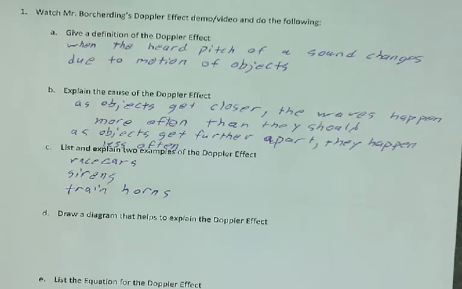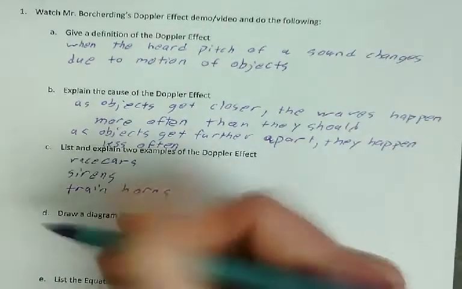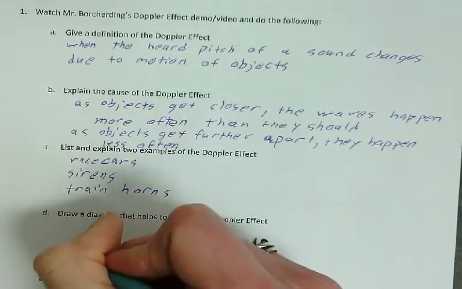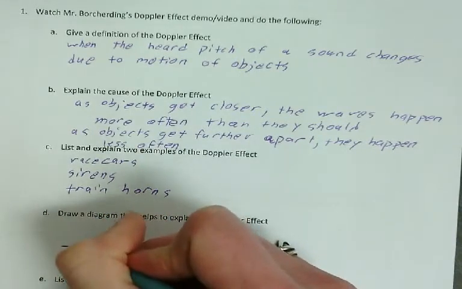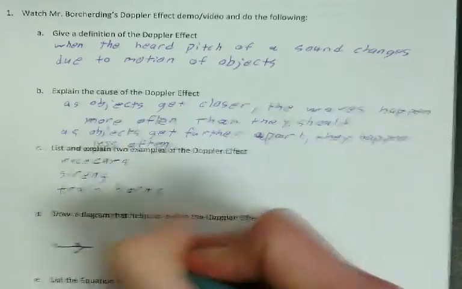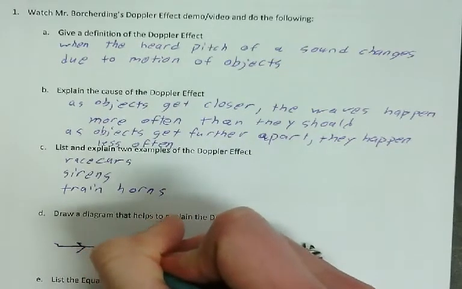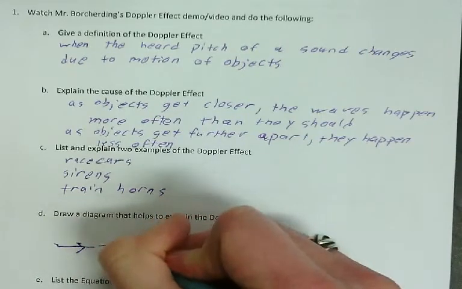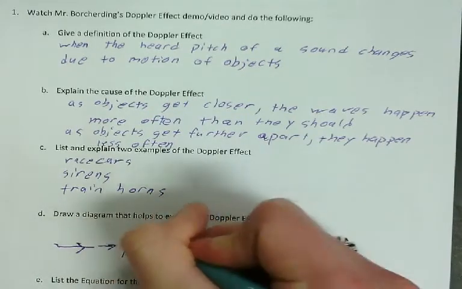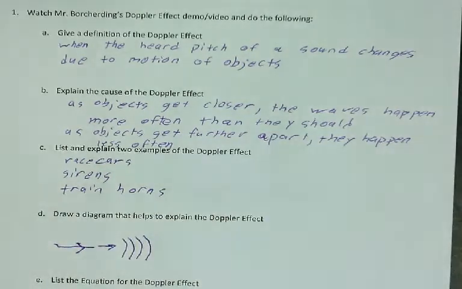All right, draw a diagram that helps explain the Doppler effect. I'm going to draw two diagrams that will help you see this. So the first one is that example I did on the screen. If you have an airplane that's flying forward, it's going to make these waves in front of it. But because it's going forward, those waves are happening more often than they should.